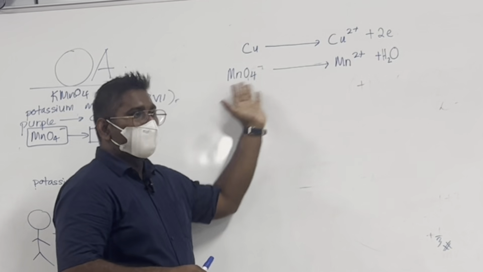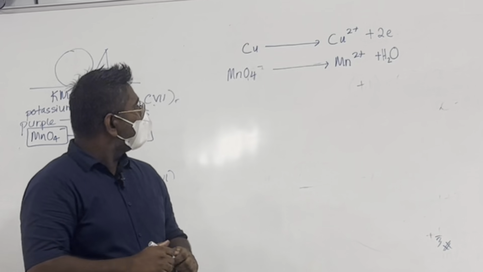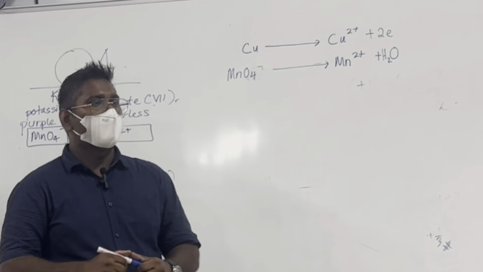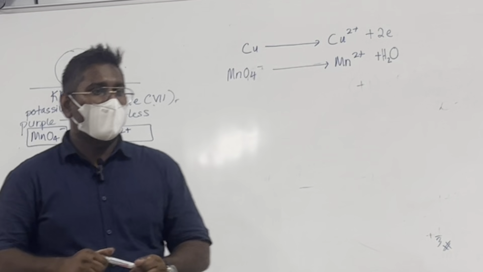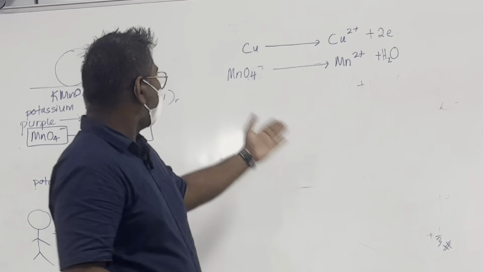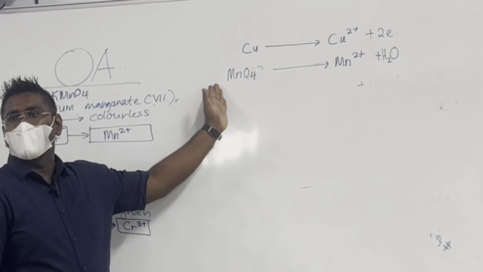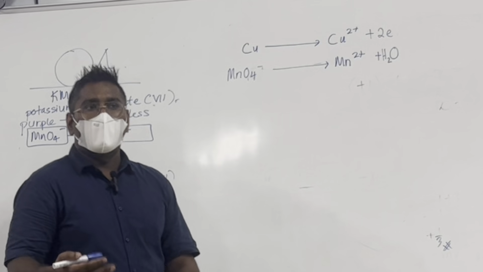What is our next step? We have to balance the equation, right? So, there is a problem over here in balancing. There's no hydrogen on my left. Do I need to put it in form of hydrogen gas?